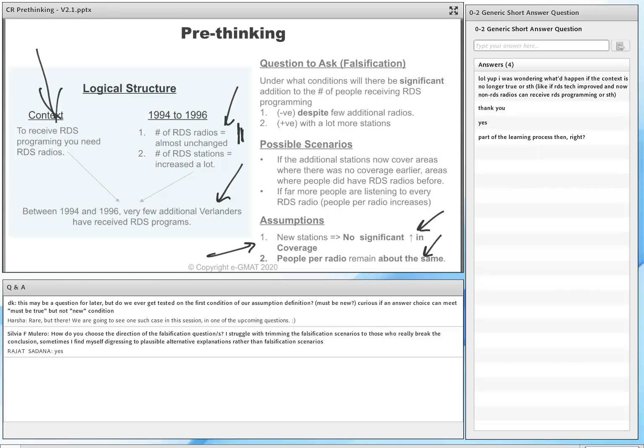A lot of our former students who've gone to business school and are now working come back to me and say, hey, you remember Rajat, you talked about pre-thinking? We use that in consulting, we use that in proposals. And one of the key things when you do this is you have to provide the constraints. Otherwise, if you don't have the constraints, your claims can be broken very easily. The same thing, critical reasoning is built around that.